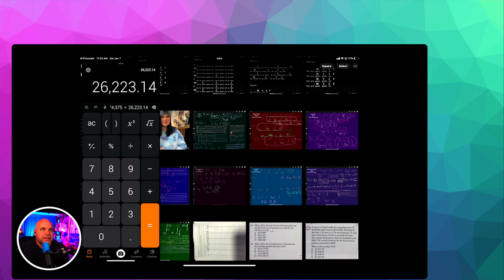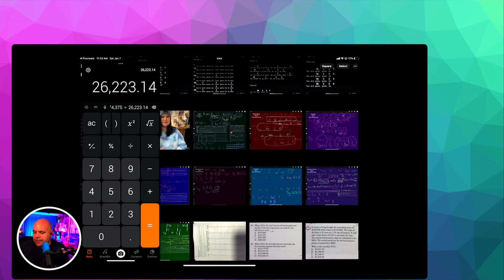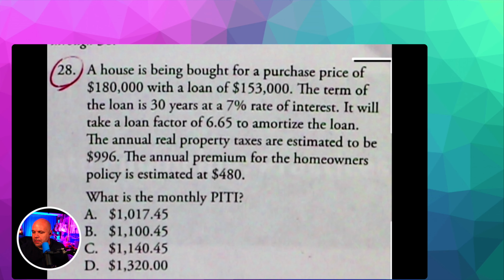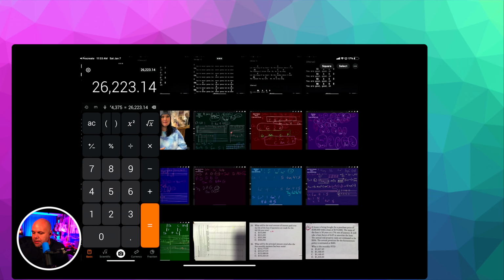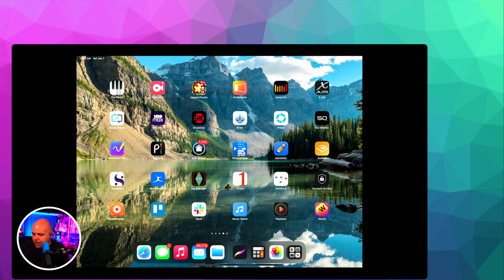All right. Then we need to calculate what's next. What would be the next thing we need to calculate? Say again. We've got that using the loan factor, right? Yeah. Oh, shoot. Sorry. Okay. 1 second.